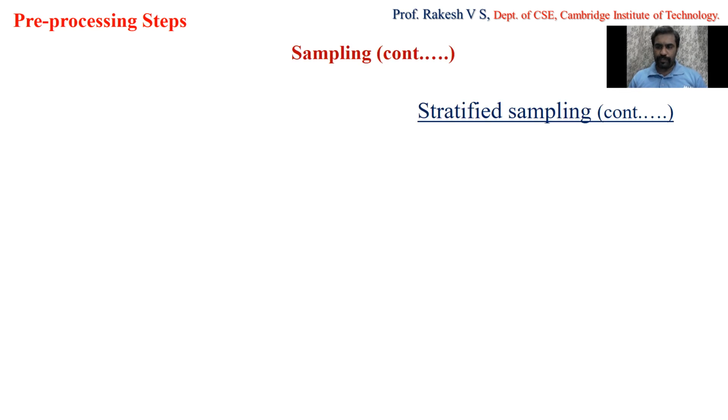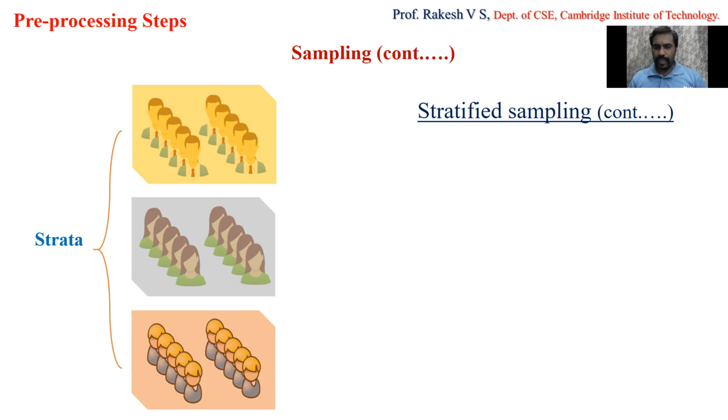In the second step of this process, we consider the strata, and from these strata, we select objects to form the samples. As we know, we have to select an equal number of objects from each strata. Say the sample size required is 6, then from each of these strata, I have to select 2 data objects.